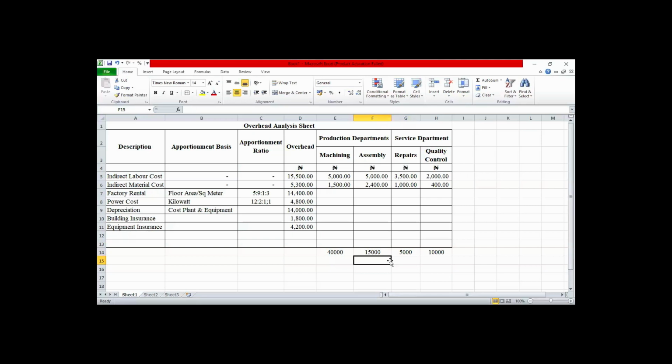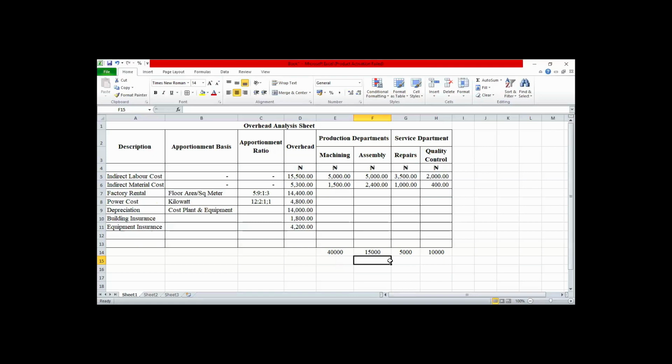Which one do you think we can use to divide all of them? 5. That's 5,000, not ordinary 5. 5,000 will go into all those figures. That is what they call common. Common means something that can be used for the second one, for the third one, and for the fourth one. Lowest common factor.